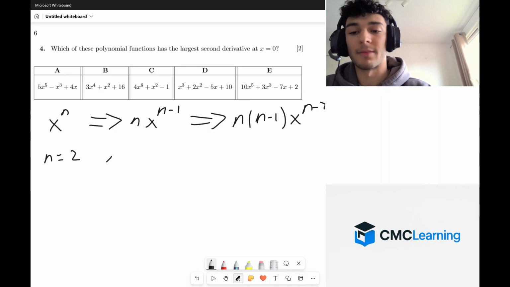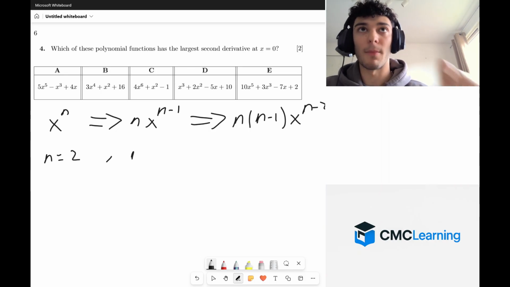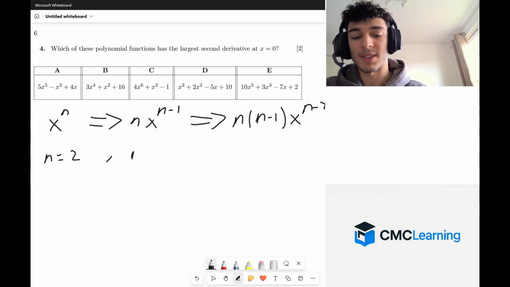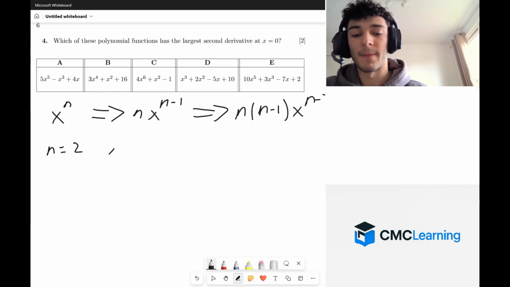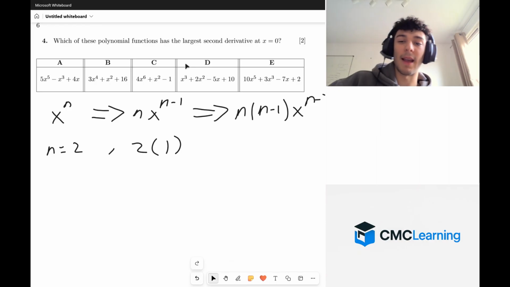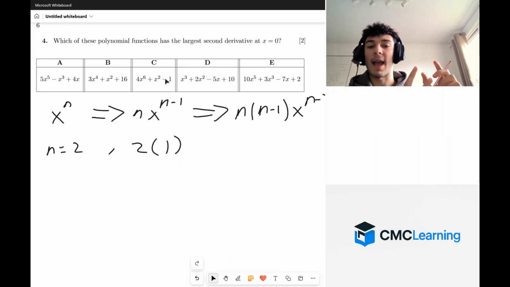I'm left with 2 multiplied by 1, in which case I'm just left with a factor of 2 multiplied by the x term, which would go to 1. So this would have been our x term. And the same goes for terms where n is less than 2.